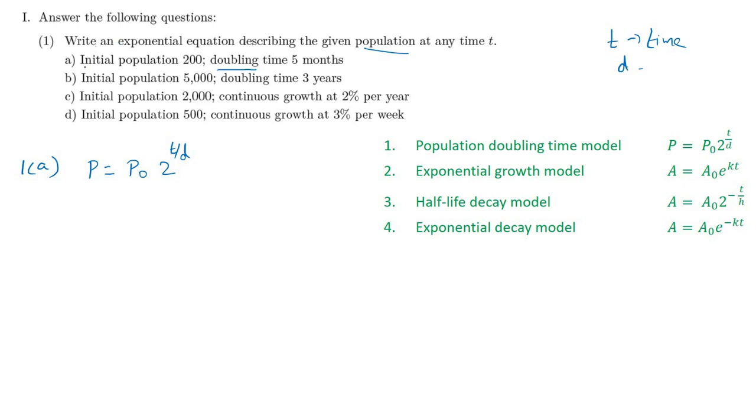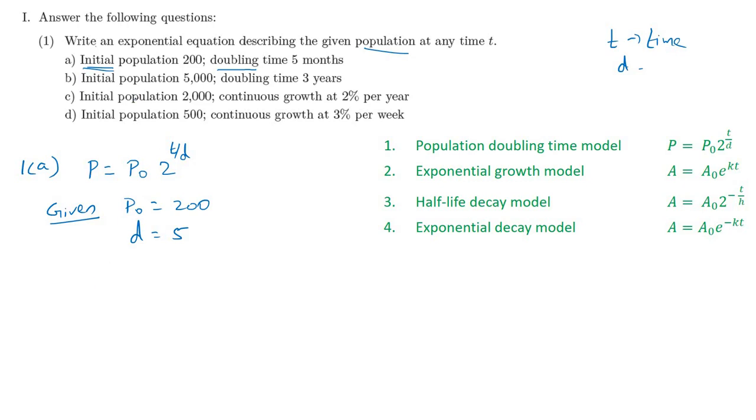So, what are all the things given? Initial. The word initial means 0, so P0. Given P0 equal to 200, doubling time 5 months. That means D equal to 5. No need to write 5 months here. If you want to write, no problem. When you substitute in the formula, no need to write months and all. Just substitute in the formula.